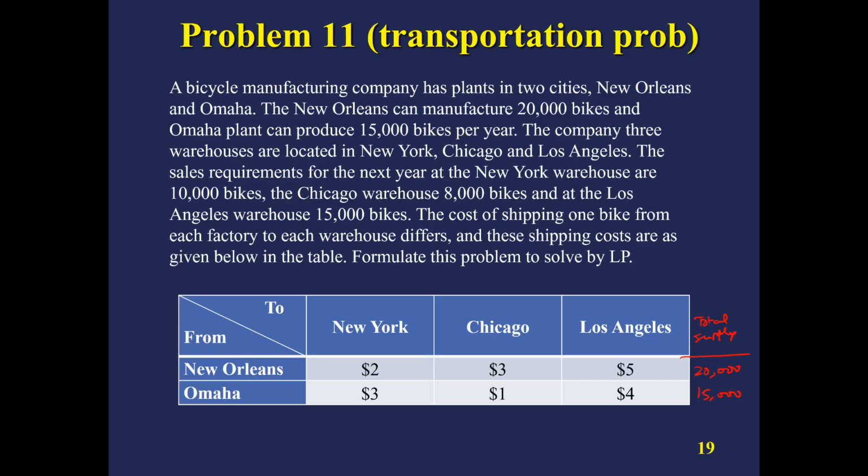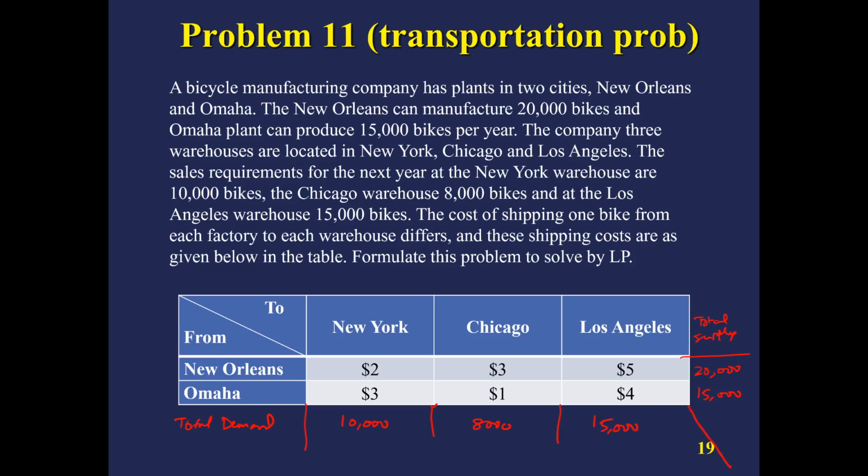On the other hand, the total demand at the destinations is 10,000 for New York, 8,000 bikes for Chicago, and 15,000 bikes for Los Angeles.